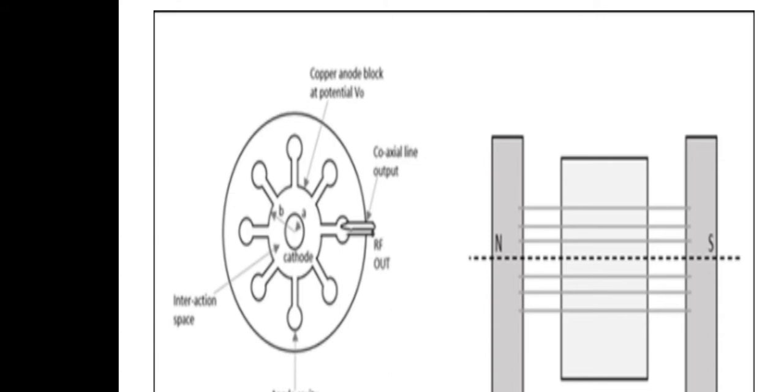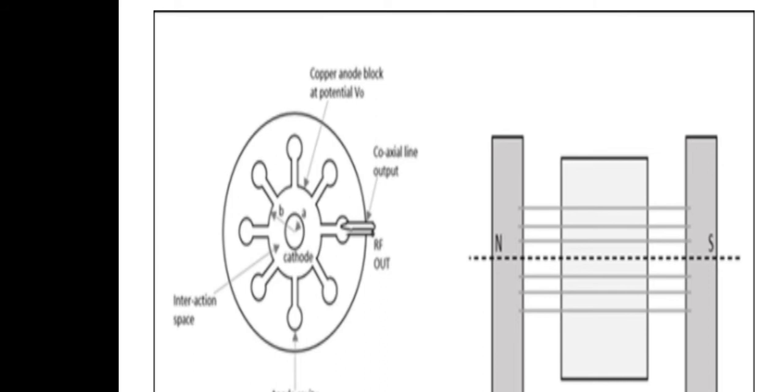It is a diode, usually of cylindrical configuration, with a thicker cylindrical cathode at the center and a coaxial cylindrical block of copper as an anode. In the anode block are cut a number of holes and slots which act as resonant anode cavities.